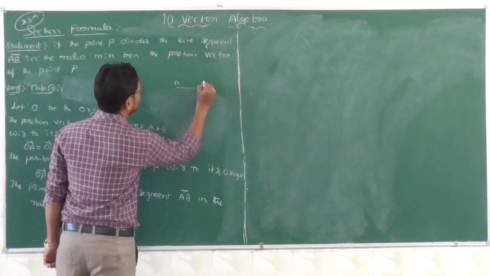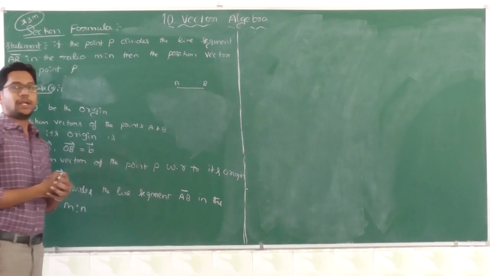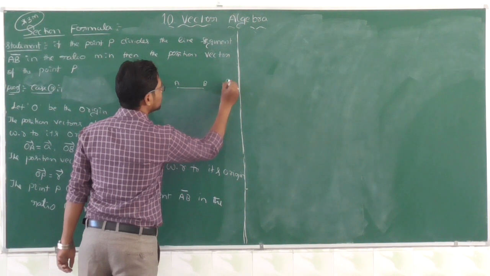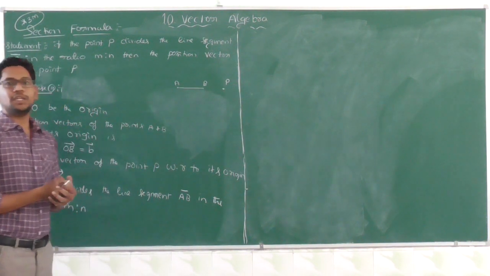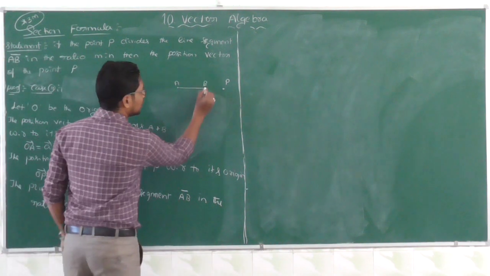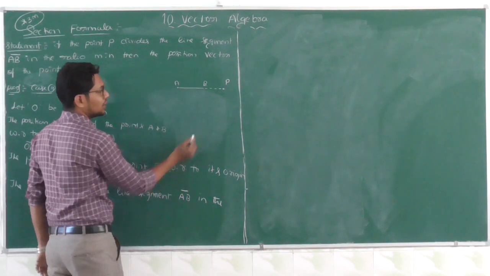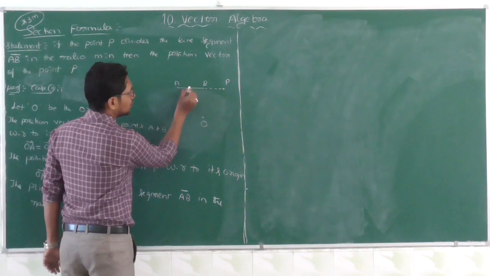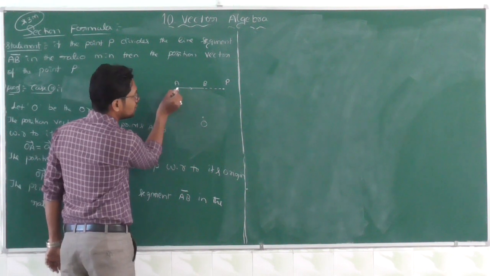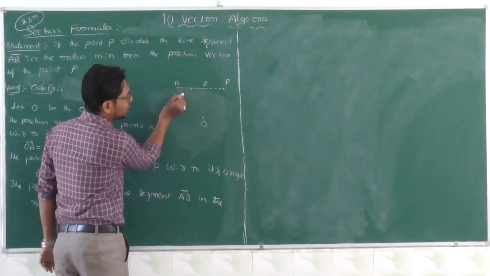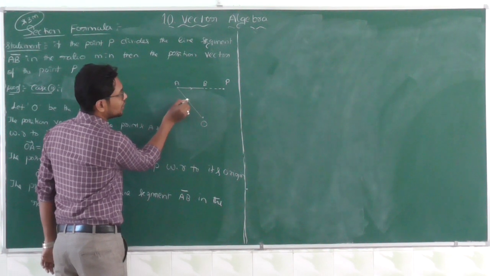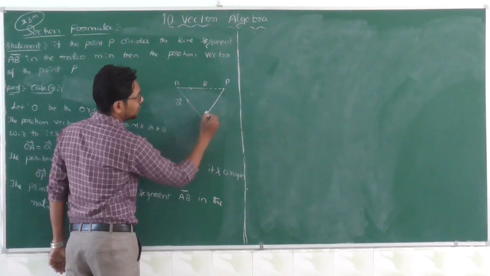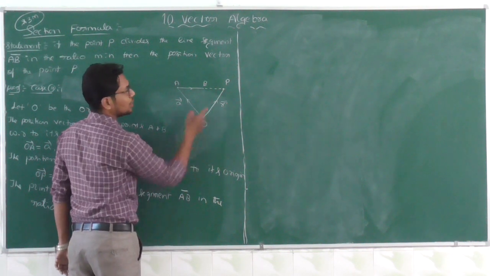Let AB be a line segment. Let P be any point in the space. Next, let O be the origin. The position vector of the point A with respect to the origin is given by A vector. Next, the position vector of the point P with respect to the origin is R vector.